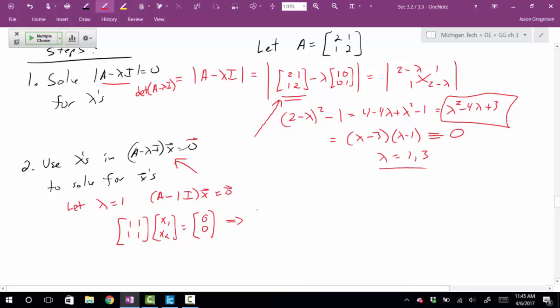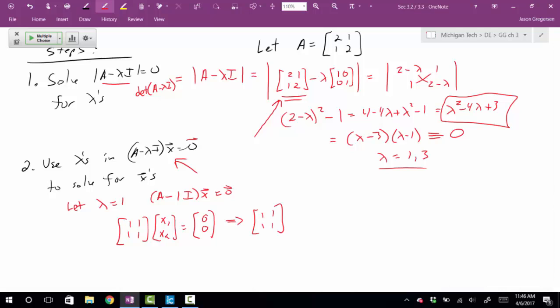I could write the augmented matrix if I want, and then do row operations. What are those row operations going to do for that augmented piece? Are the zeros going to change at all? No. So I'm really lazy, so I never write them. Usually for a homogeneous system, we just row reduce this piece.